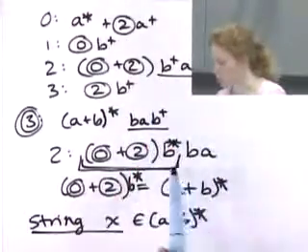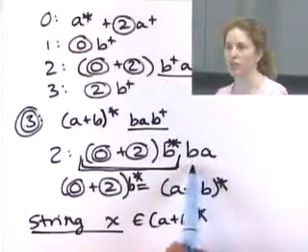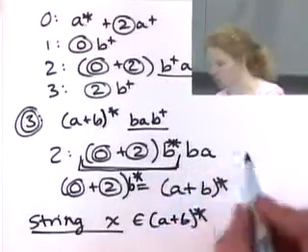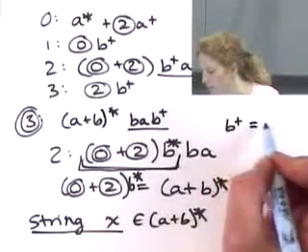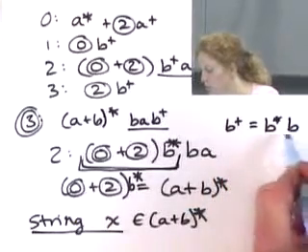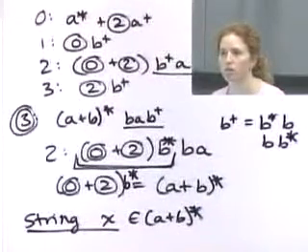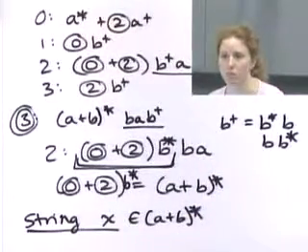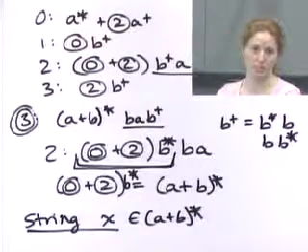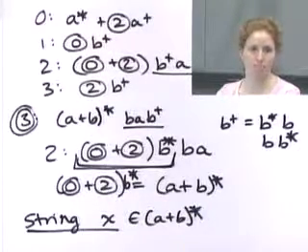Okay. So B plus equals B star B. That's all I did. It also equals B, B star, right? So those are all equal, and that's what I did because I knew I needed one of those B's for the BA, B plus for my string, right? Good.